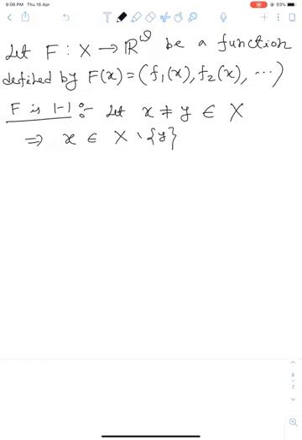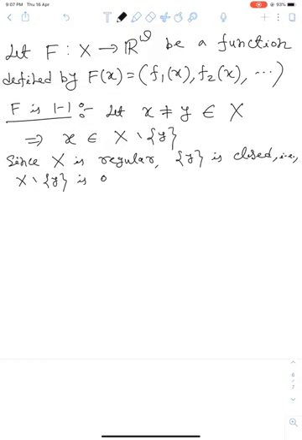Since it is a regular space, a singleton set is closed, so {y} is closed, that is, X minus {y} is open. So x belongs to some open set U.